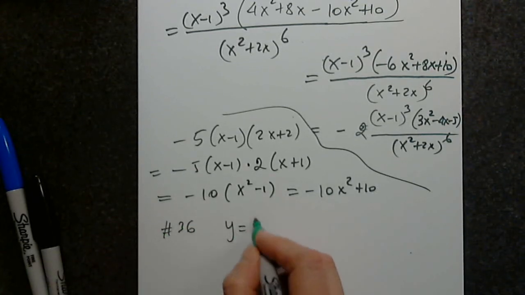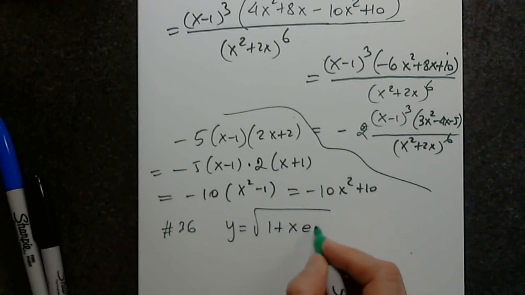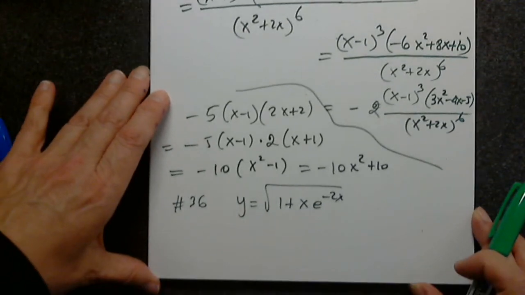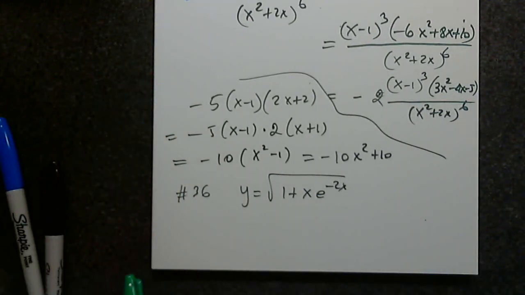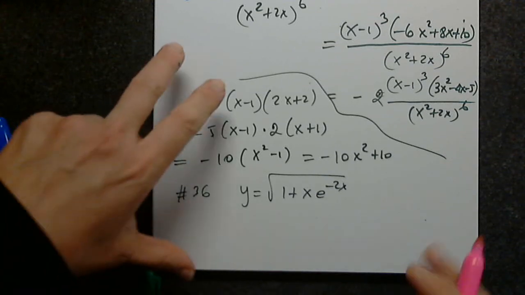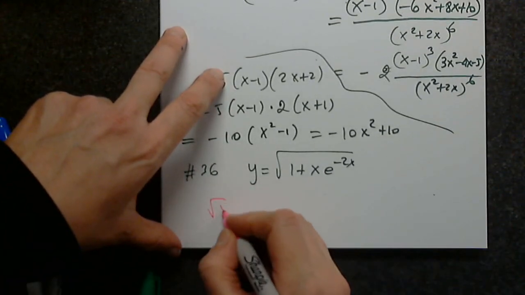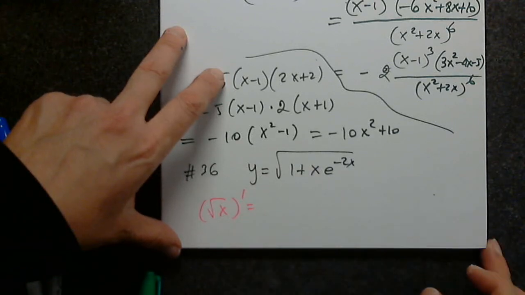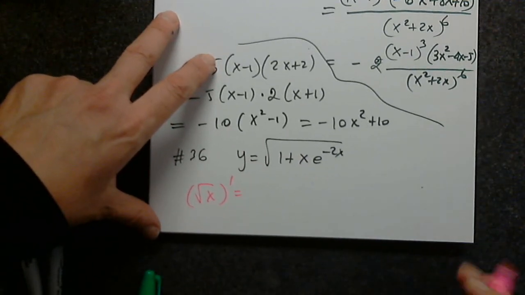So then y equals the square root of 1 plus x e to -2x. Although it doesn't look difficult, I just want to say that it needs attention. Remember when we differentiate the square root of x, this has to be embedded in our system by now.